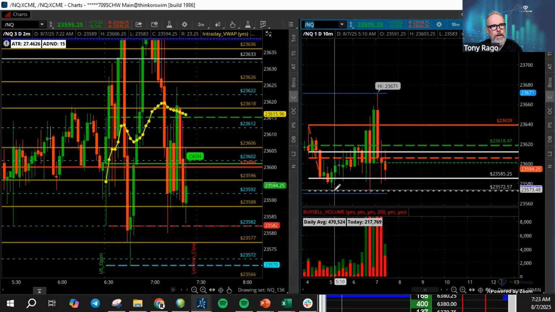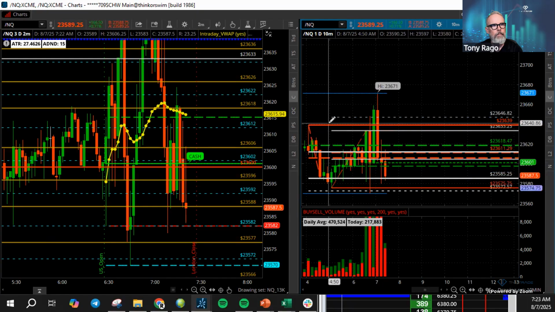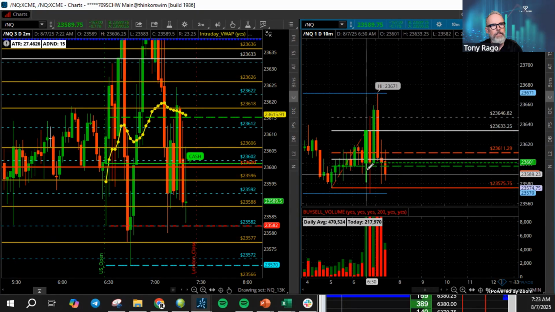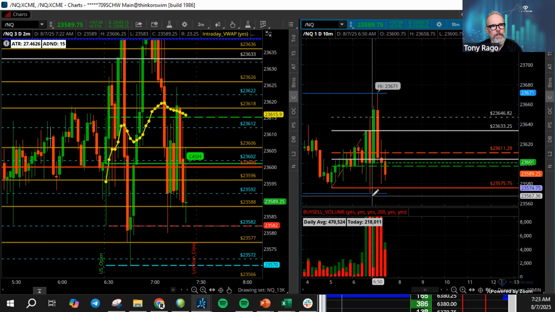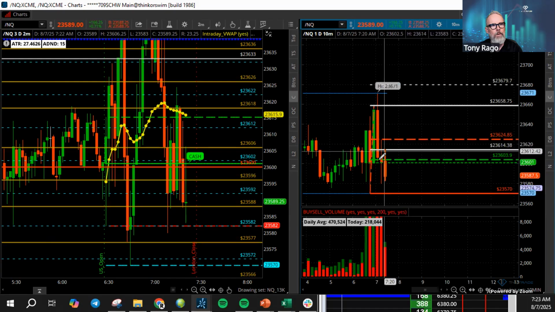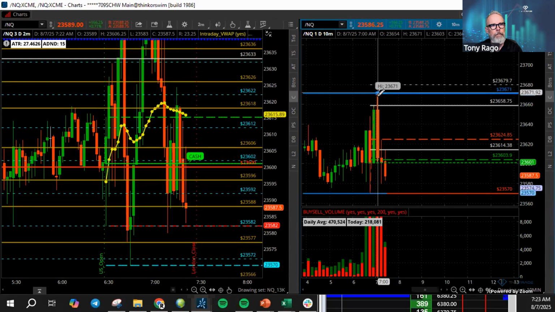So right here you have a trend change, right? Followed by trend continuation. Look at these bars, by the way. These are 10-minute bars. Followed by a big old trend change again.